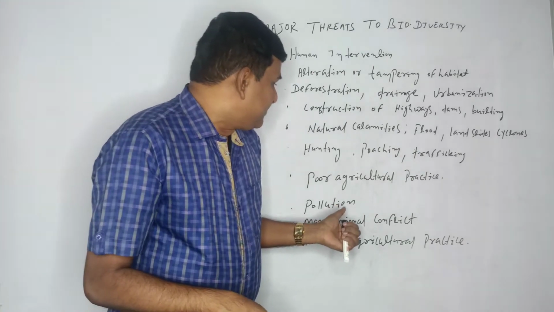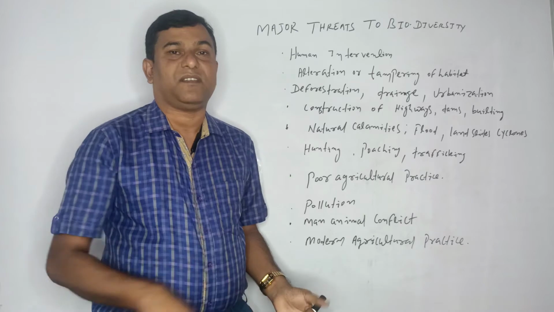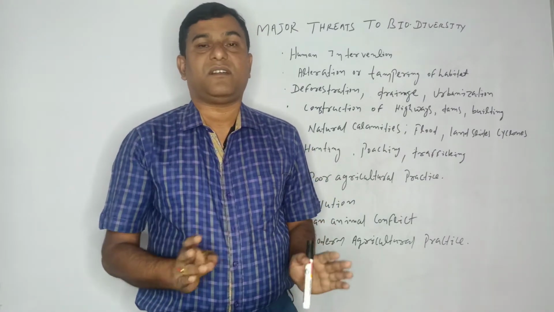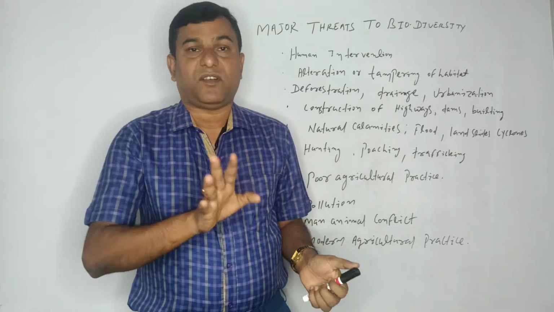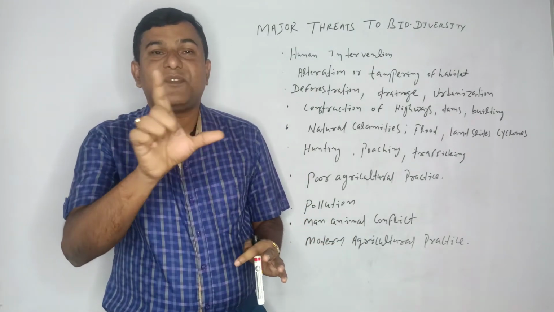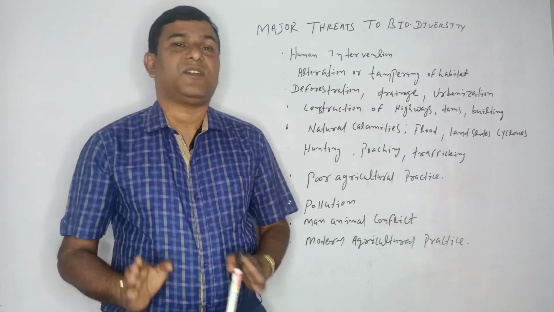Then pollution, definitely it is the most important thing. In pollution we know land, air, water, or the soil, water, air, these are the three things responsible for the threat to biodiversity, not only to humans but also to animals.